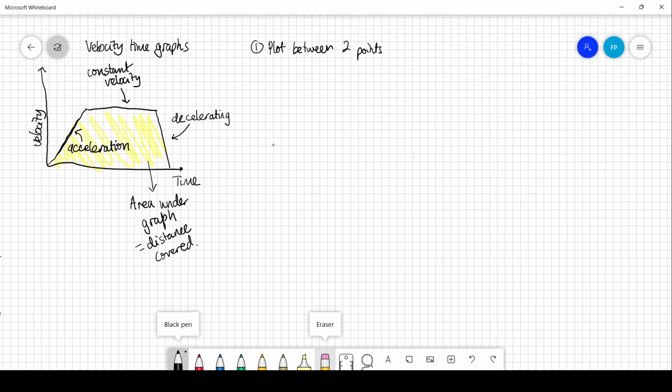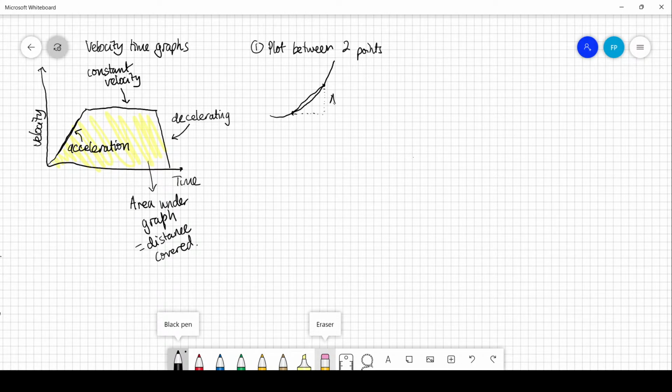For example, you could have a curve like this, and then it will ask you to find the acceleration between this point and this point, and you'll simply draw a line here, and then you can draw your own triangle like this to find the gradient.